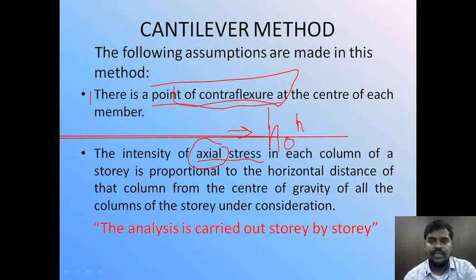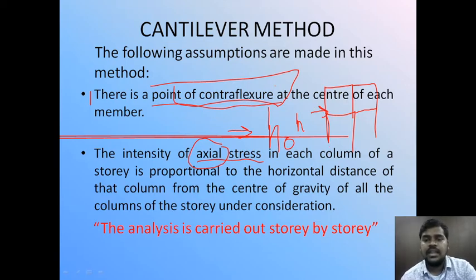So if we have a frame like this, and drawing a small frame here, the intensity of axial stress means that due to this load there is a stress developed. That intensity, that is sigma, we can tell is the stress in each column of a story.